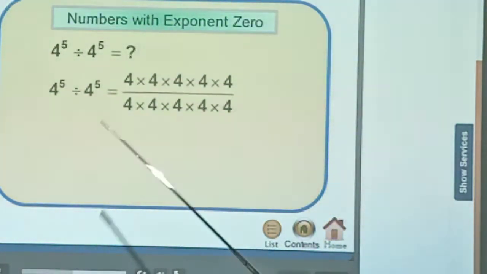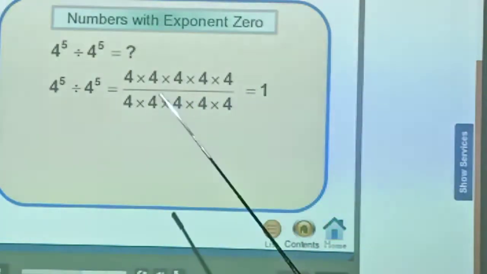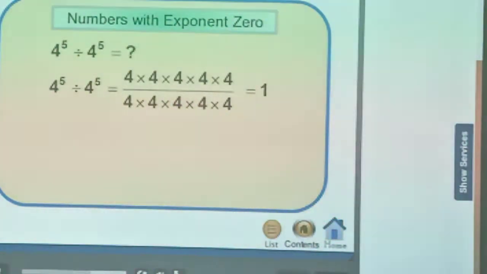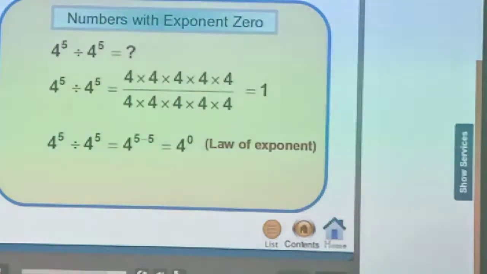Coming to the next law: numbers with exponent 0. Whenever we have 0 exponent over any base, its value is always 1. 4 raised to the power 5 divided by 4 raised to the power 5 is 4 raised to the power 5 minus 5, which is 4 raised to the power 0, which is 1. And this is the law also: A raised to the power 0 is 1.